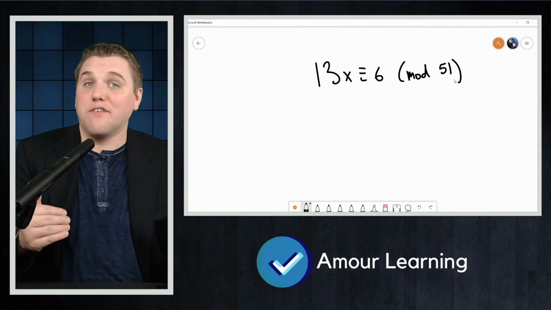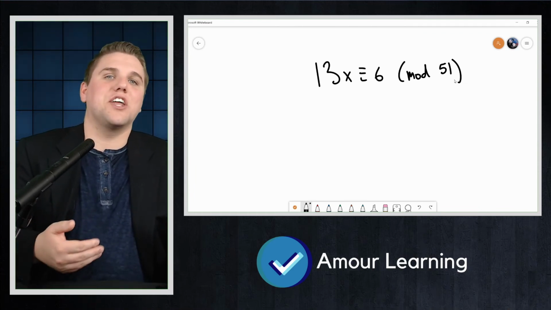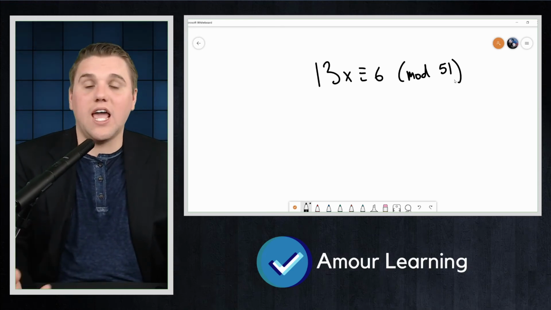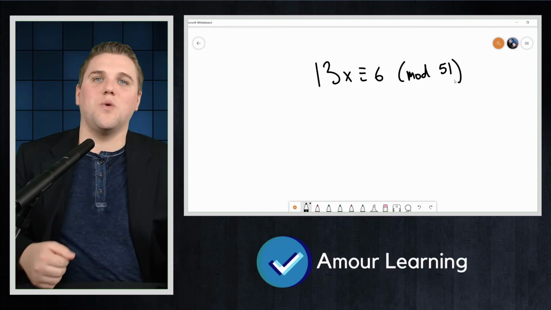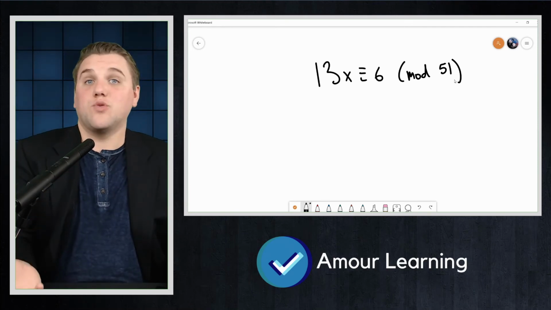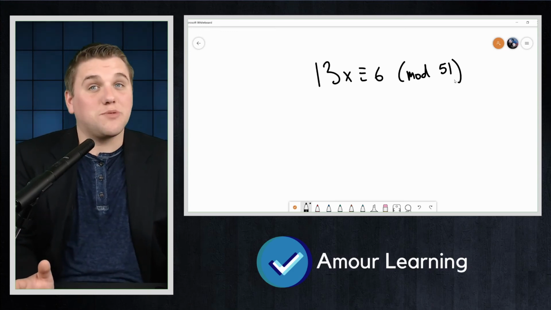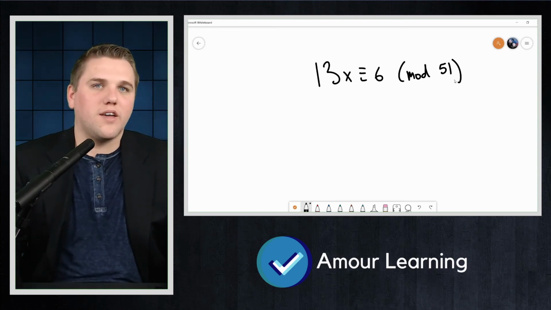You could keep adding 51 to the right side until you get a multiple of 13. You would get 57, 108, 159, 210, 261, 312, and 312 is the first of these that is divisible by 13. This works, but it is really too much work.